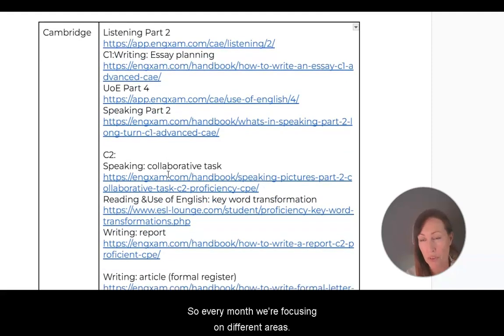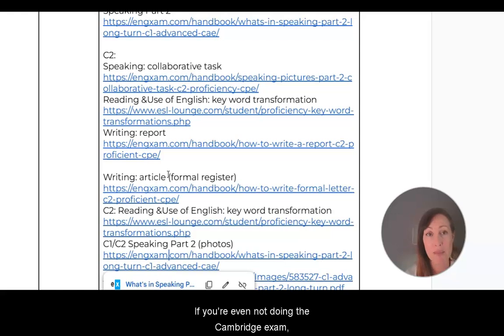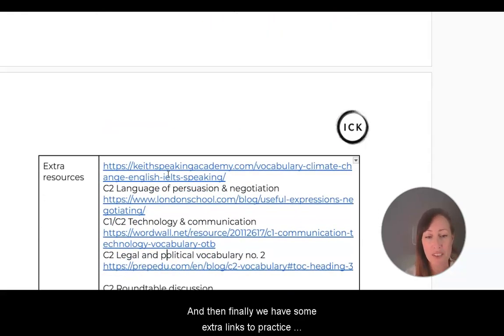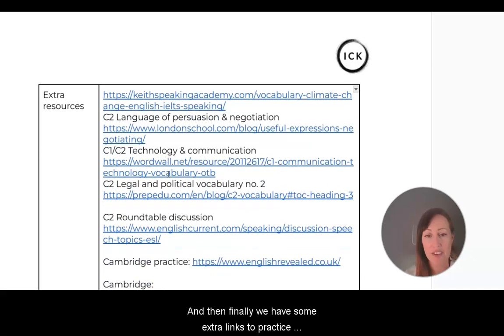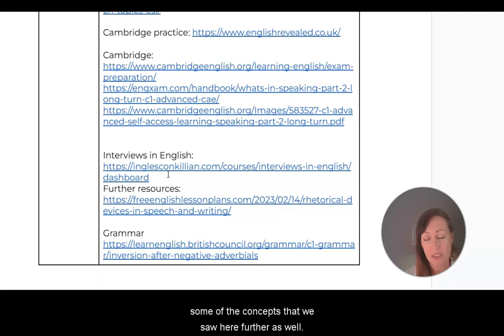So every month we're focusing on different areas. If you're even not doing the Cambridge exam, it's a good idea to review these to practice the different areas of your English as well if you want to study a little bit more. And then finally, we have some extra links to practice some of the concepts that we saw here further as well.